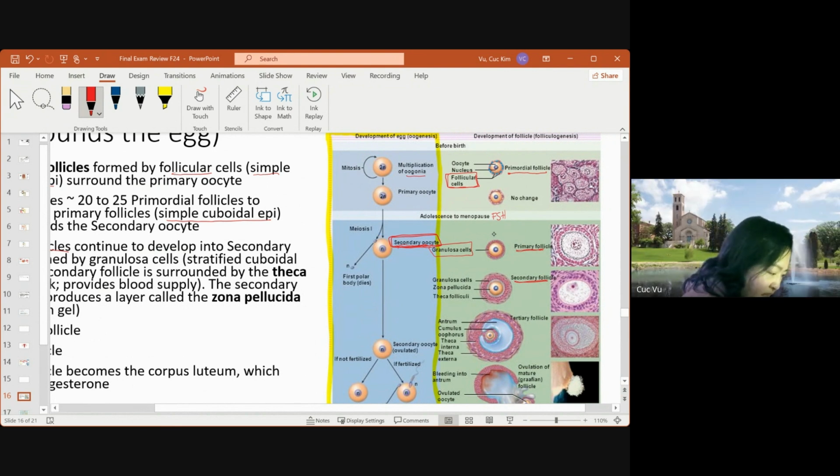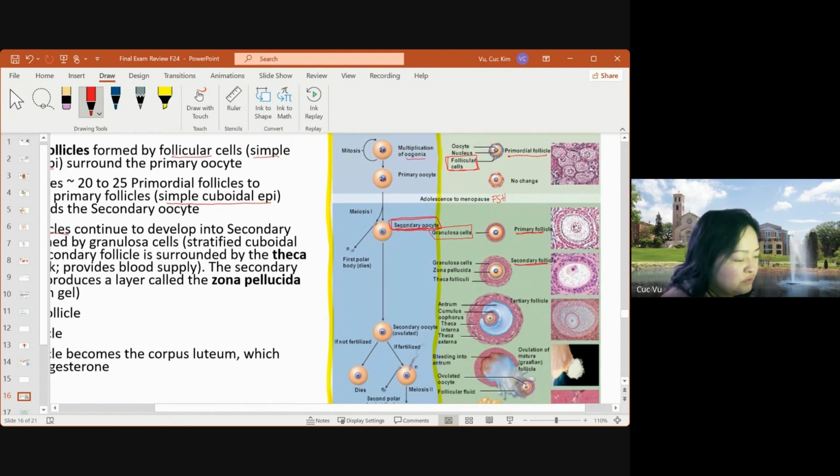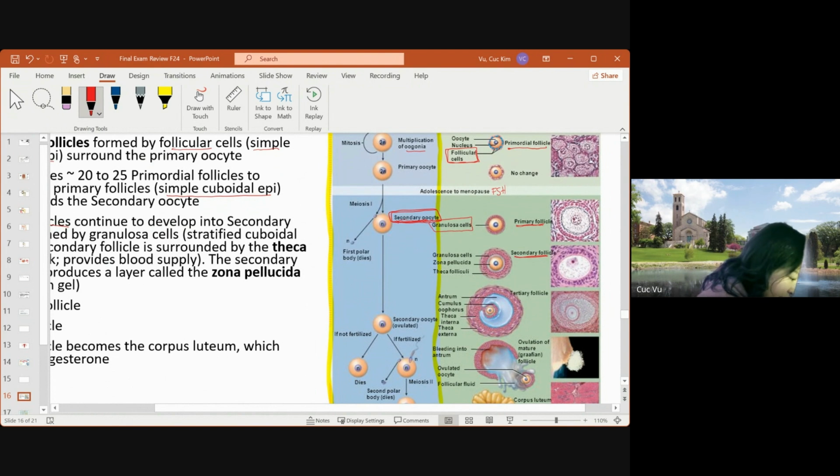So when you're looking at folliculogenesis, what you are tracking is the change in the follicle, how it goes from primordial follicle to primary follicle to secondary follicle to tertiary follicle. Now the tertiary follicle oftentimes gets lumped with the mature follicle. So the tertiary and the mature follicle oftentimes get lumped together.